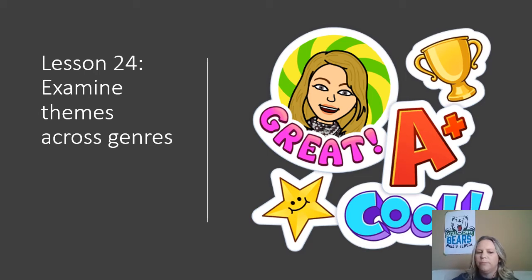So what you're going to need with you today is the same thing that we've been using along the way. I do want to make a note though and make sure that you guys are working on Quill. Quill is something that is new to us, but it is a word structure and writing app that is very similar to No Red Ink.